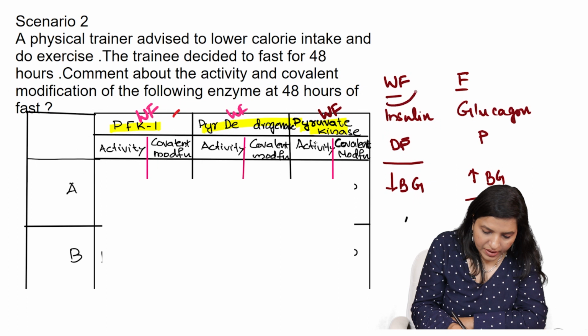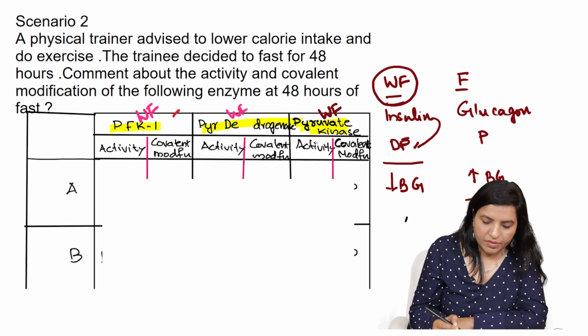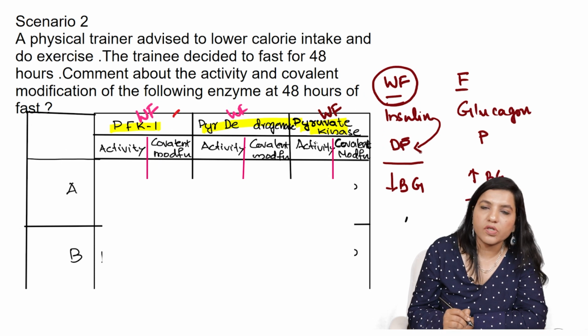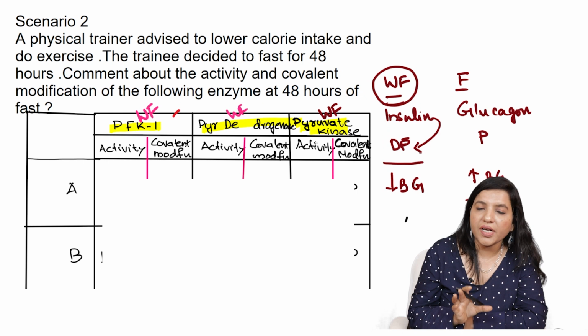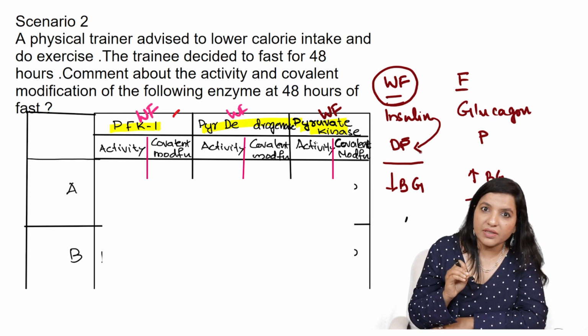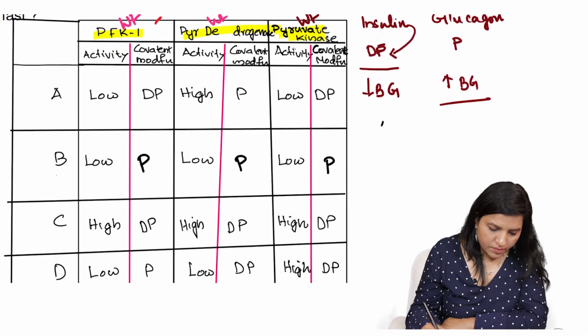We know that whatever is active under the influence of insulin will be in the dephosphorylated state. So, all the enzymes given here should be active in the well fed state.